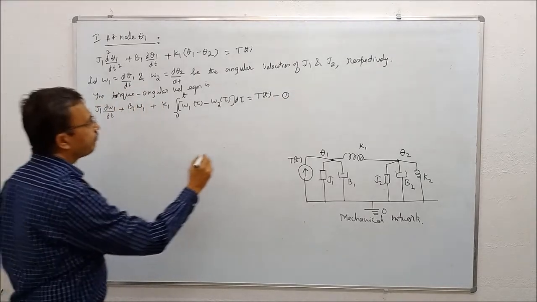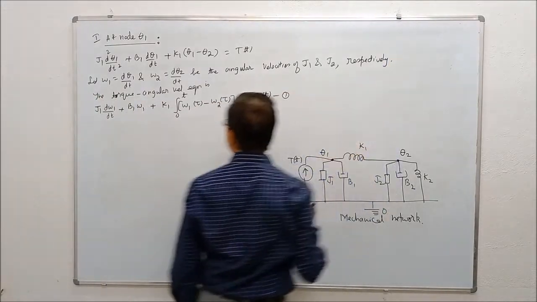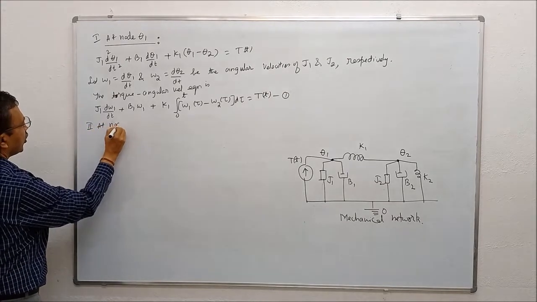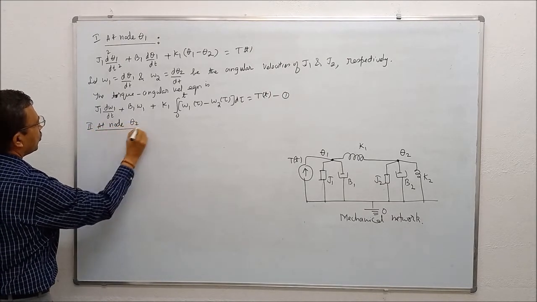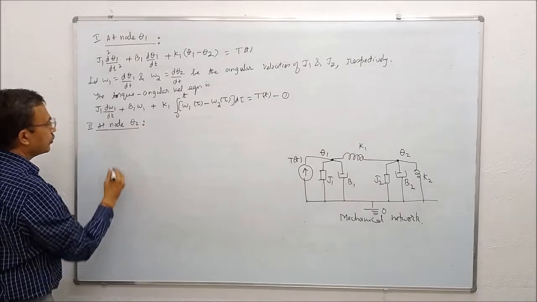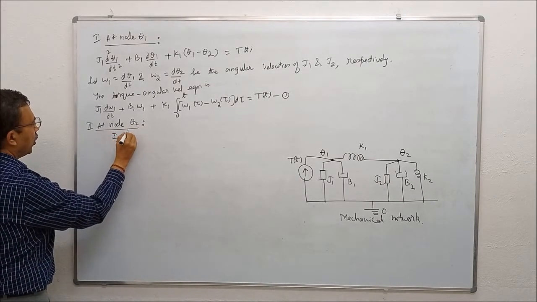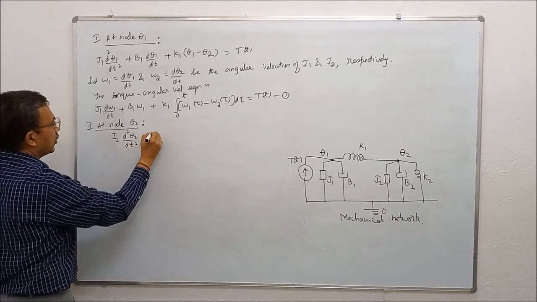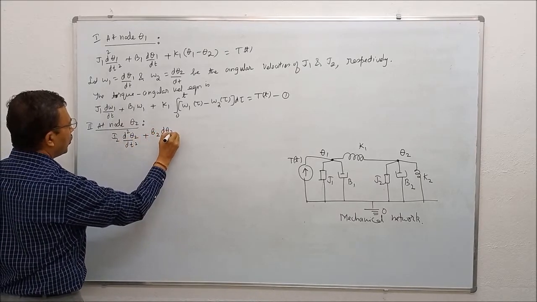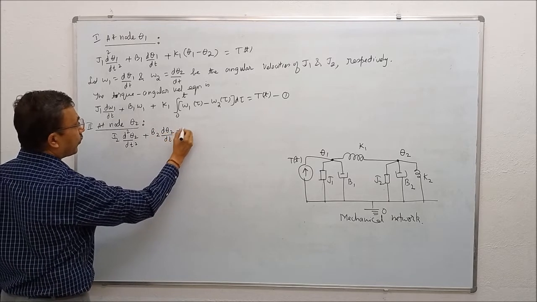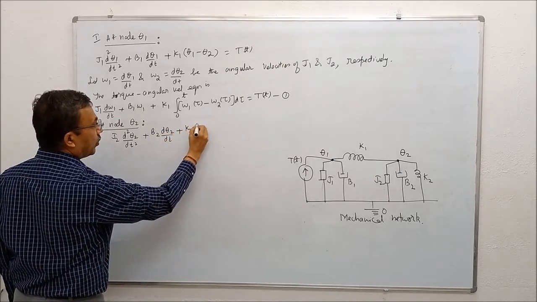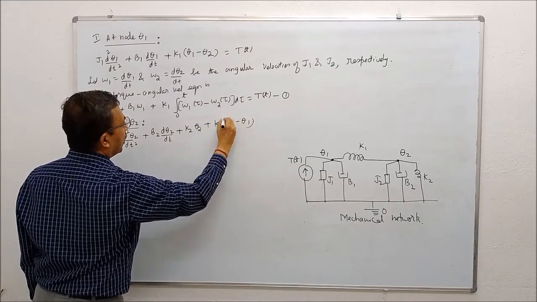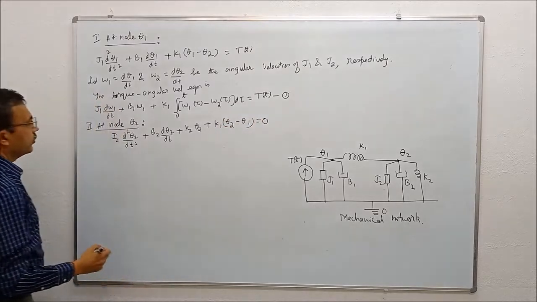Second step. At node θ2: J2 d²θ2/dt² + B2 dθ2/dt + K2 θ2 + K1 (θ2 − θ1) = 0.